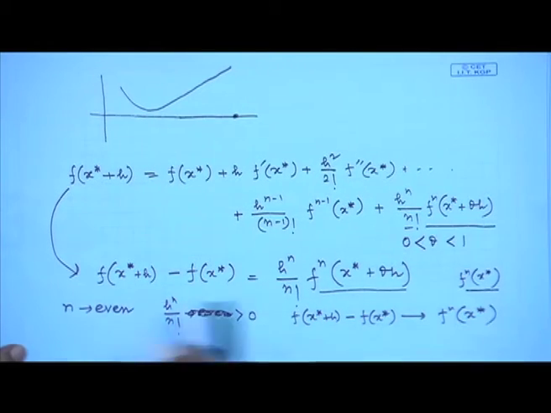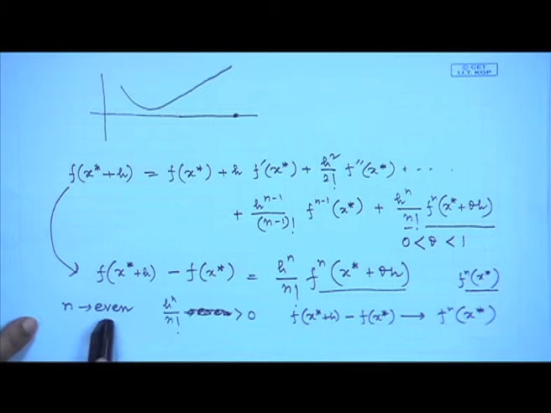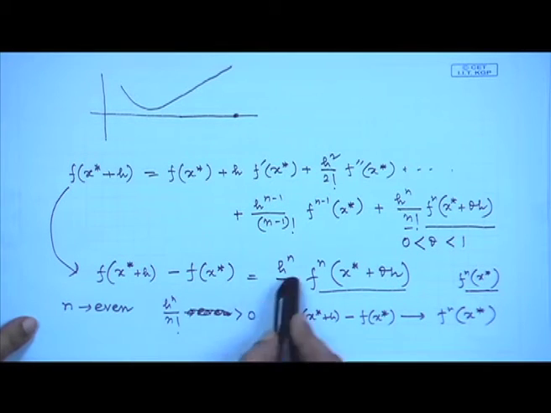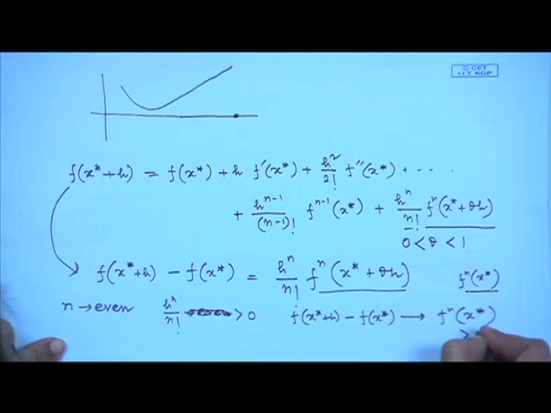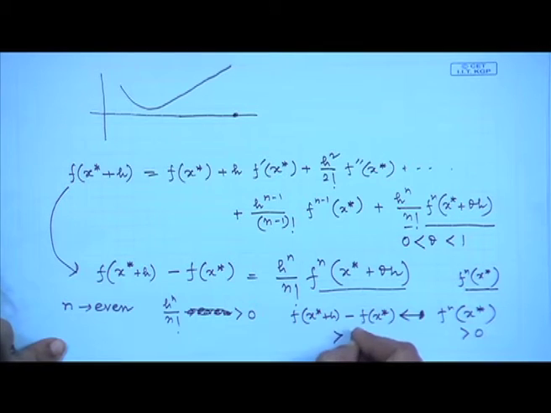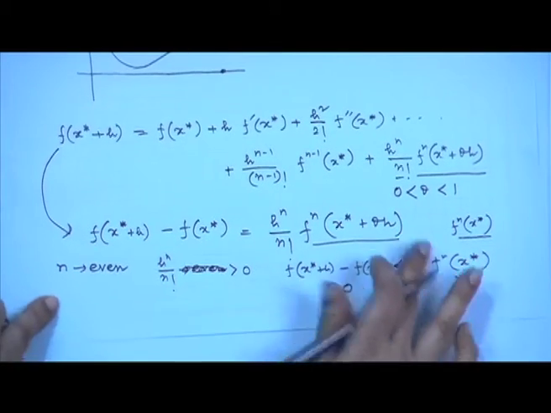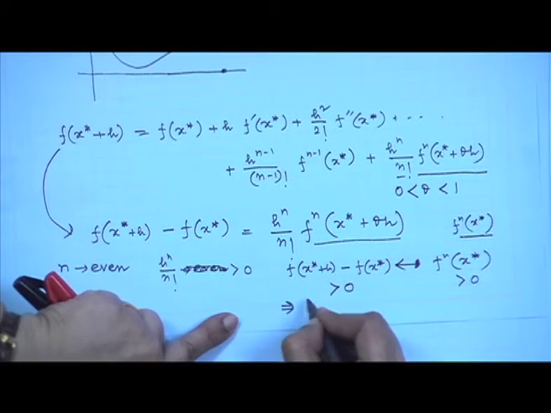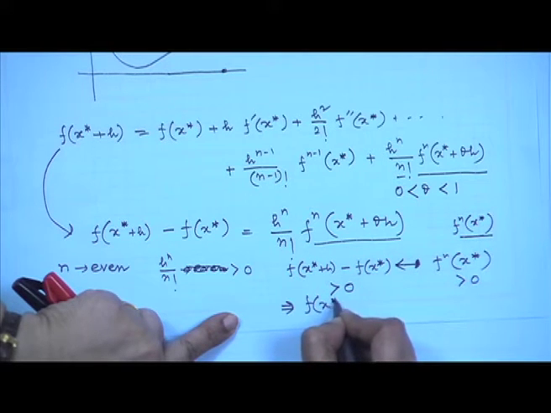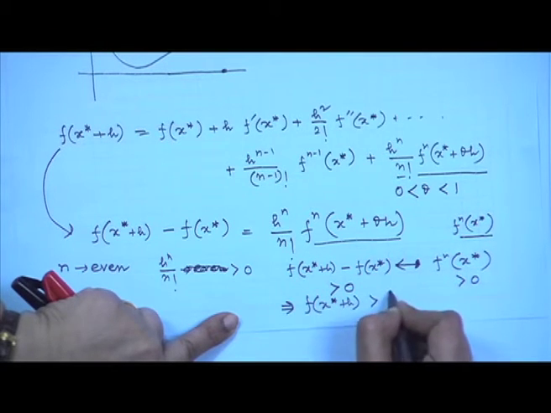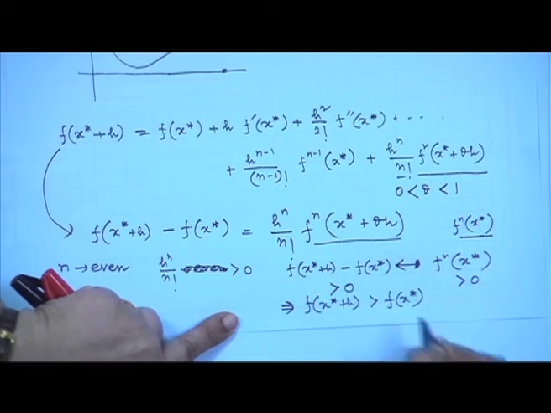Now, from here, if n is even, then h to the power n by n factorial must be positive. Now, if f^n(x star) is positive, then this is also positive. If this is positive, what we can conclude is that f(x star plus h) is greater than f(x star).